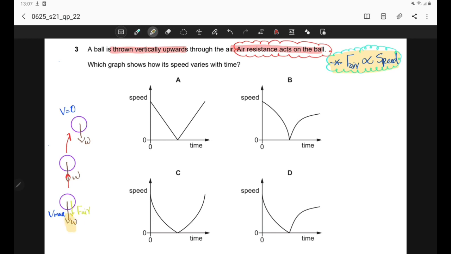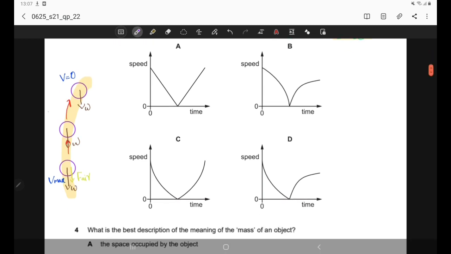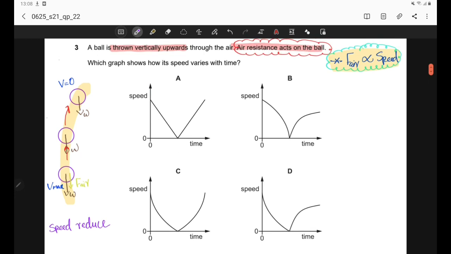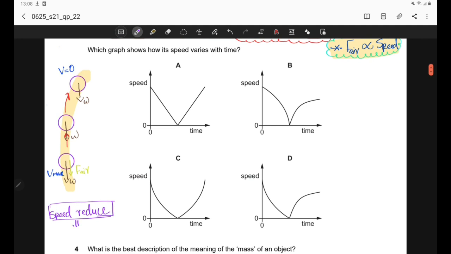So here when the ball is moving upward, we have already seen, since it is moving opposite to the gravitational force, speed will reduce. So that is something very important. When the ball is moving upward, its speed is reducing. Now we can use the relation between force due to air resistance and speed. When the speed reduces, we should understand that the force due to air resistance will also reduce.